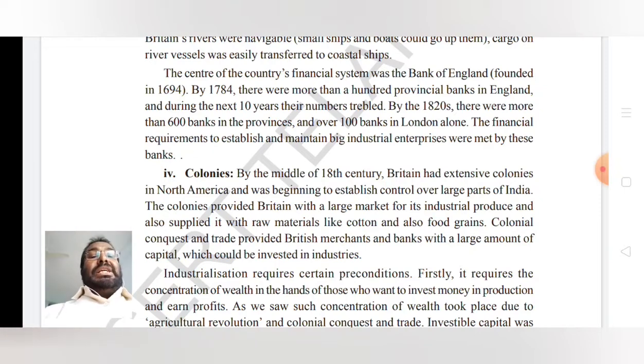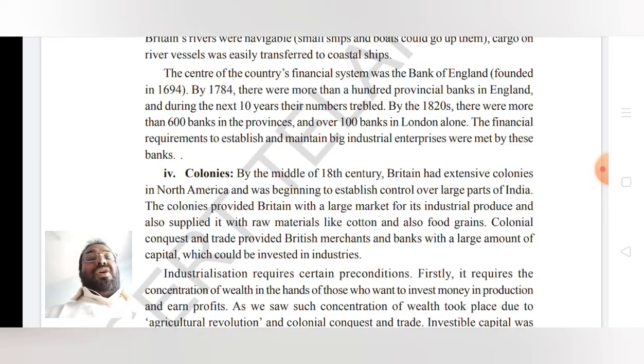Then the fourth reason is colonies. By the middle of the 18th century, Britain had extensive colonies in North America and was beginning to establish control over large parts of India.